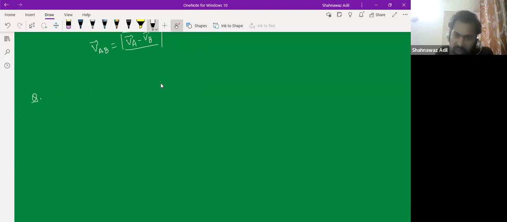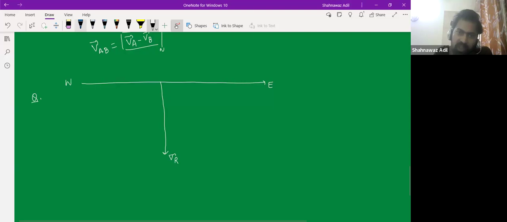So rain is falling down, right? This is the velocity of rain, and the man is going, let's say, towards east. So this is west, this is east, and this is north and south. So the man is going towards east, and let's say this is his velocity.